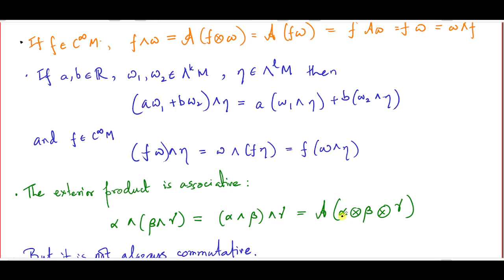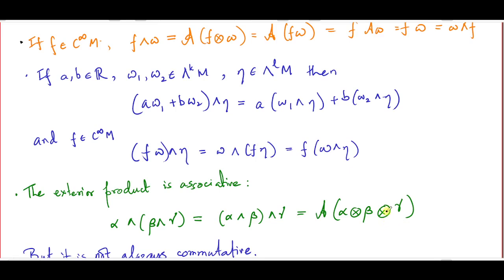Alpha wedged with the product of beta wedge gamma is the same as alpha wedge beta wedged with gamma. And each of these is actually the same as what you would get if you were to carry out the tensor product of alpha, beta, and gamma and apply the alternator operator on the overall tensor product.